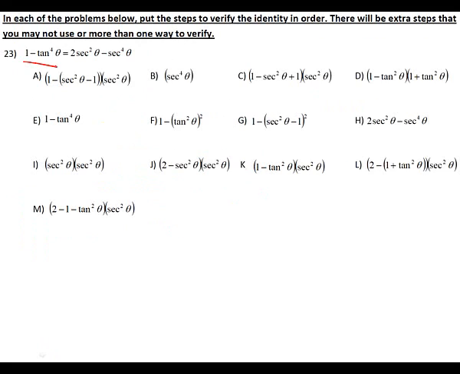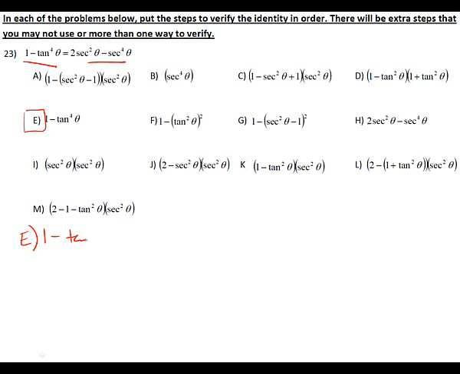What you want to do is start with this side and go to this side. Okay, so what would my first letter choice be? What letter choice is that? Anybody see it? E, right? So you would start with E.